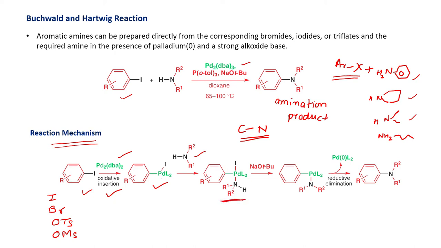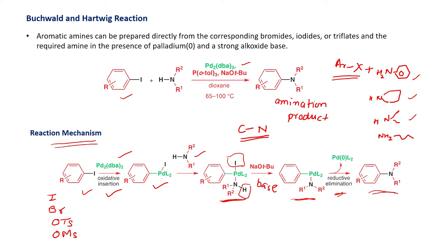Now it will make a palladium amine complex. Then the base will remove this iodine and hydrogen. And you will get this complex which undergoes reductive elimination, and you will get your amination product.